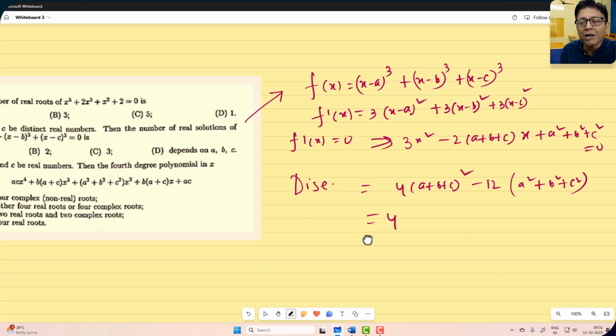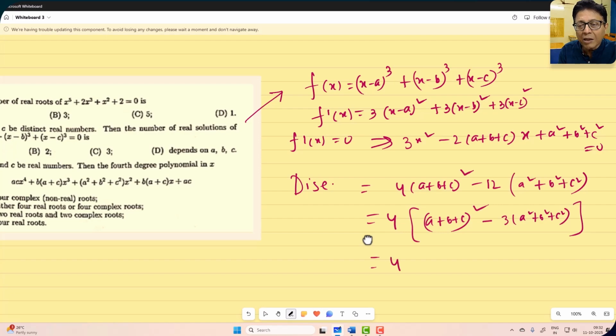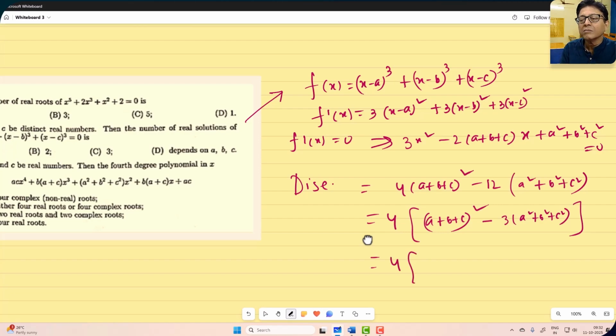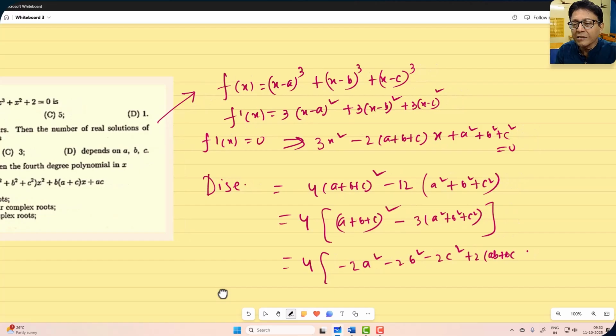This is nothing but 4 into (a plus b plus c) whole square minus, on simplification, minus 2a square minus 2b square minus 2c square plus 2 into (ab plus bc plus ca).